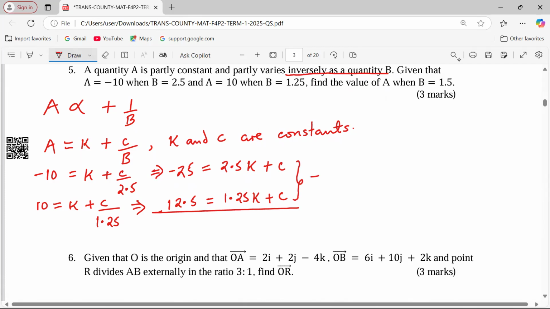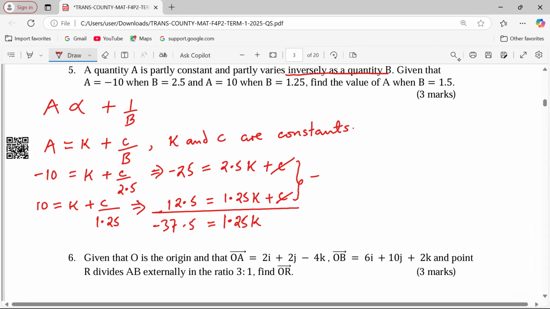So I can subtract directly. C minus C, that one cancels to a 0. 2.5 minus 1.25, that gives us 1.25K, equals -25 minus 12.5. This is -35. -37.5, sorry, that way.